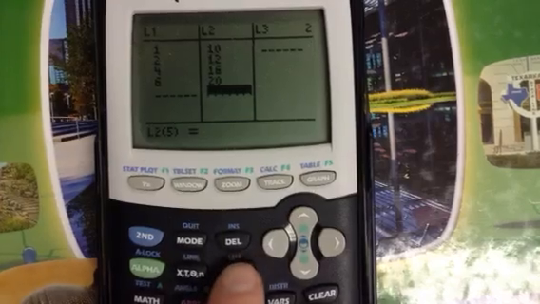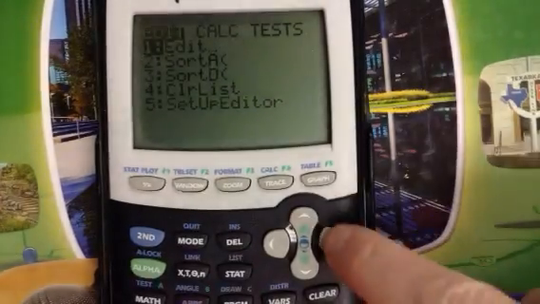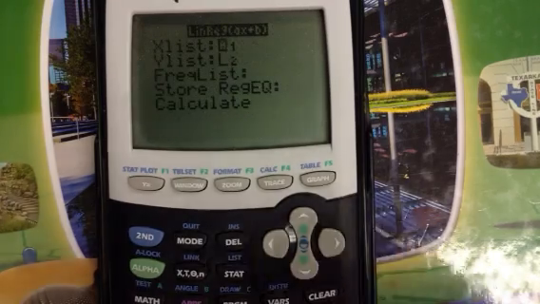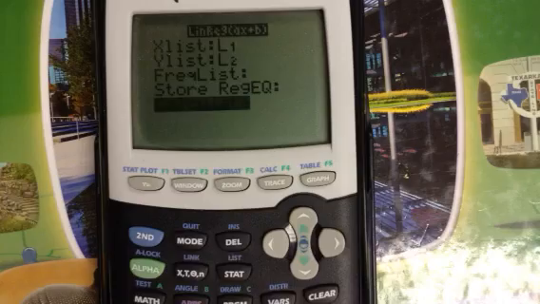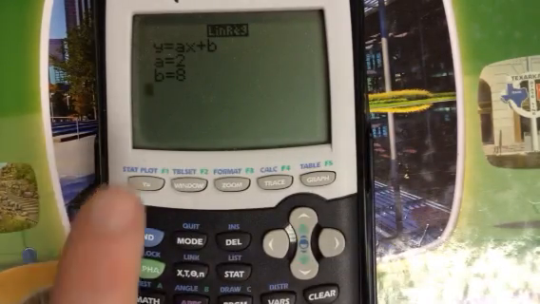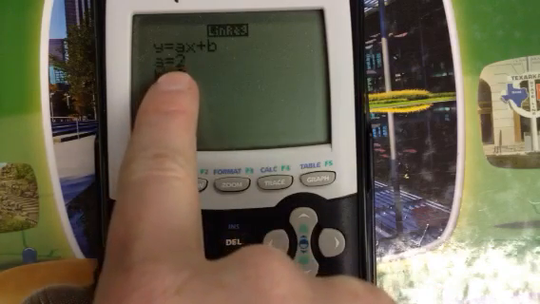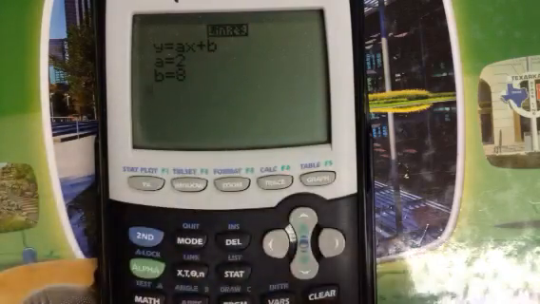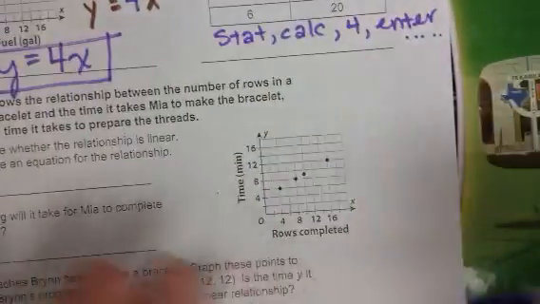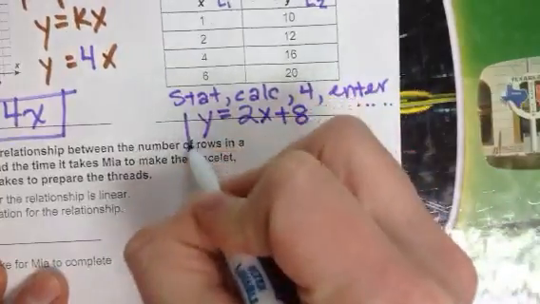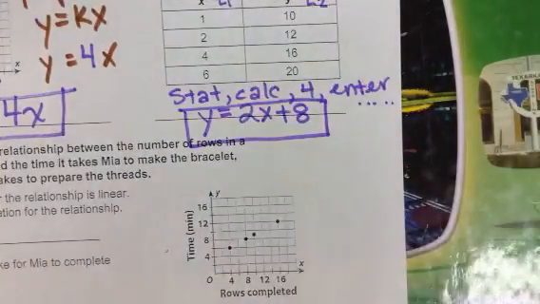Okay, so stat over to calc, the number 4 because it said linear regression. So it's going to calculate, remember where they said A, that's just going to be our m. So it's telling me to put a 2 in front of the x for my slope, and b is our y-intercept, so that 8 is going to go at the back. So for our answer, y equals 2x plus 8 is the equation that fits this table.